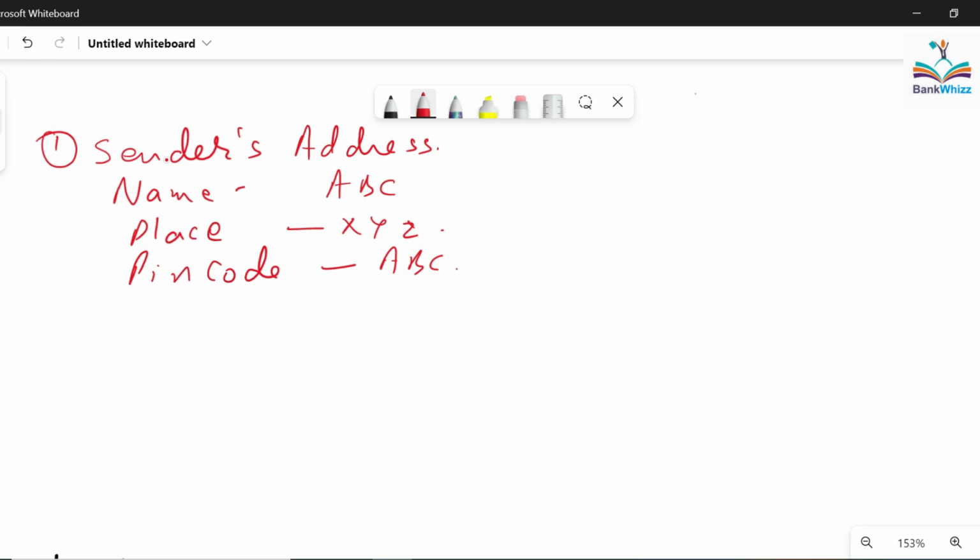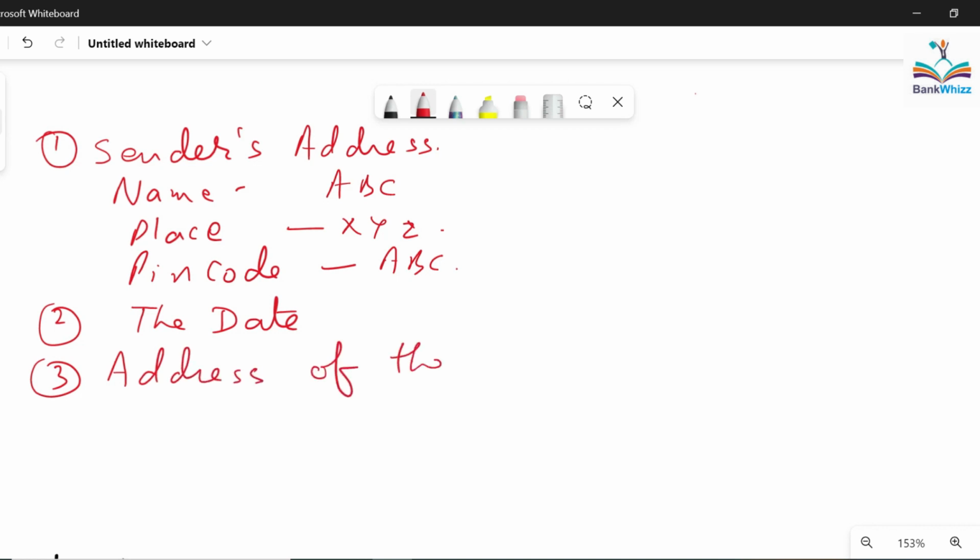Clear? Friend, in the second place, you should mention the date. And in the third place, you should mention the address of the addressee. Okay, address of the receiver. You can say the receiver of the letter, and it would also follow the same format as the sender's address does.